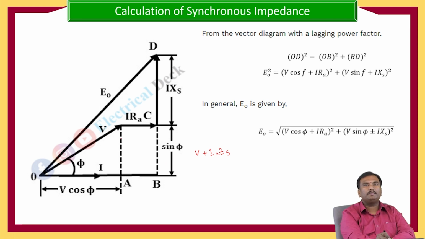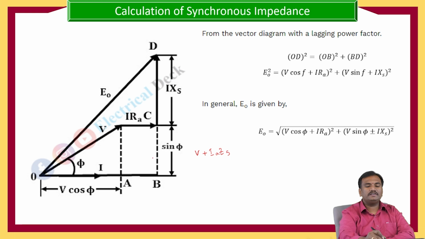Here the armature drop is IA into RA. This is a straight line, which we draw parallel to the current. And the reactance component of voltage, which is perpendicular to the armature current, is I into XS, exactly 90 degrees displaced, and this resultant is nothing but the no load voltage.